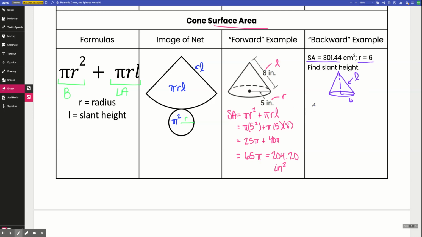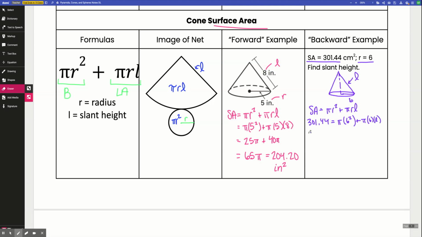So I'm still using the same formula. Surface area equals pi r squared plus pi r L. I'm going to plug in the information that I have. 301.44 equals, oh my goodness, sorry, I have pi times 6 squared plus pi times 6 times the slant height.